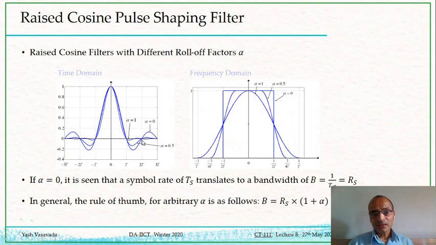Why? Because the sinc function in the time domain is decaying pretty slowly. And so if I make some slight timing error, the repercussion of that timing error will be with me for a long time, meaning for a large number of symbols. I'll be affected by ISI, the inter-symbol interference.